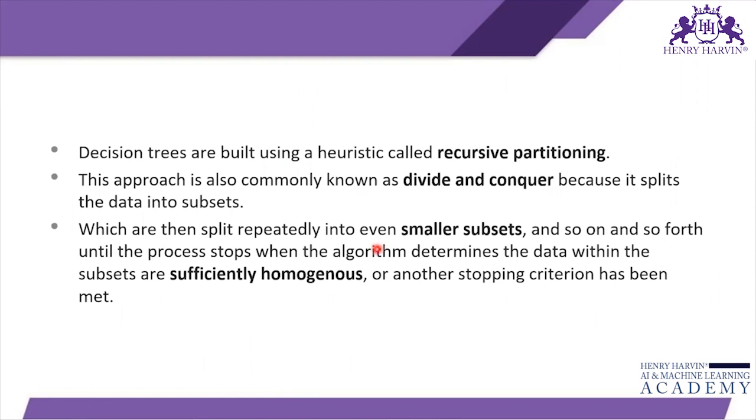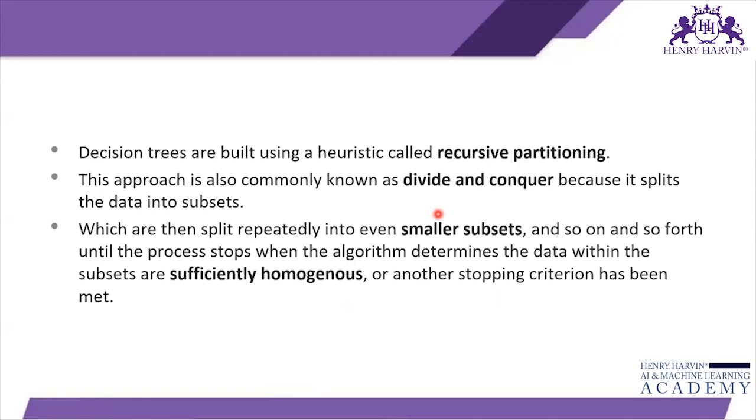Which are then split repeatedly into even smaller subsets, and so on and so forth, until the process stops when the algorithm determines the data within the subsets are sufficiently homogeneous and another stopping criteria has been met. So basically, it is using the divide and conquer technique, which is dividing and splitting our data into subsets.